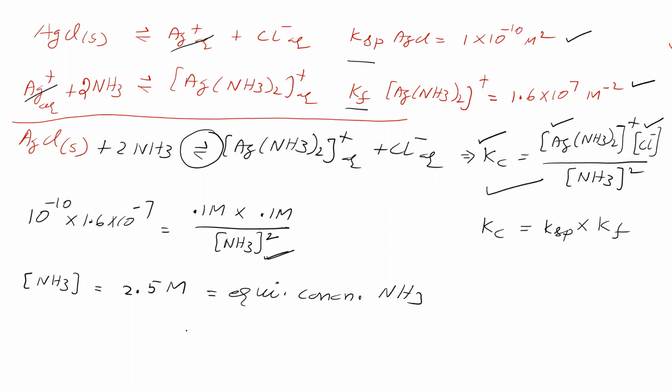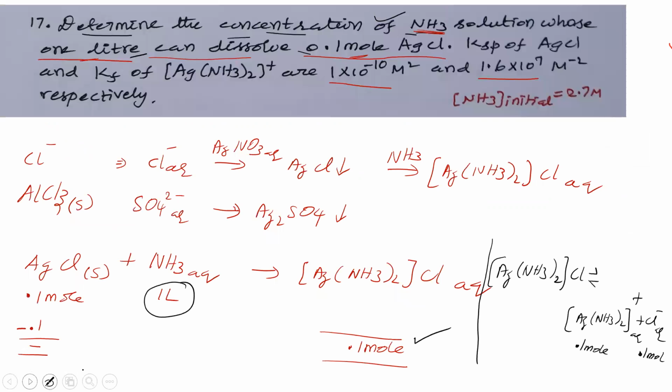But what are they asking? The initial concentration of ammonia they are asking. What concentrated ammonia solution have we taken? That's what they are asking. So we want the initial concentration of ammonia, but we know the equilibrium concentration only. Now how do we know the initial concentration? We'll see. We have taken 0.1 mole of silver chloride.